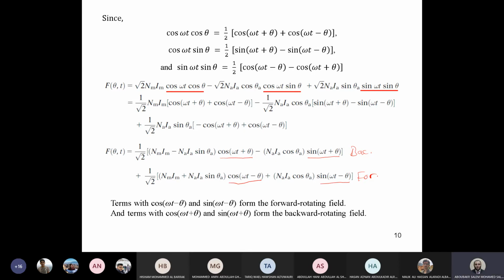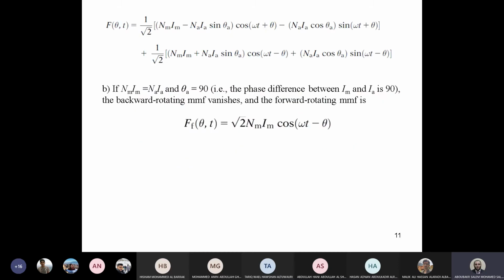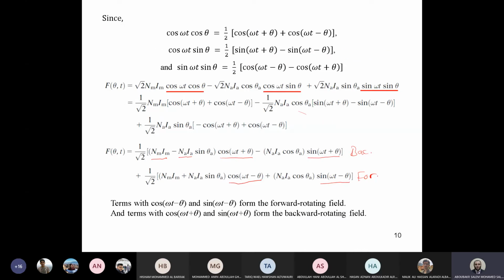Actually, if we control the terms N m I m and N a I a, and control the term theta as we discussed here, if we keep theta A at 90 degrees, and control the N a I a and N m I m terms by controlling the number of turns and current for each winding, we can contribute to having a rotating flux in the beginning.